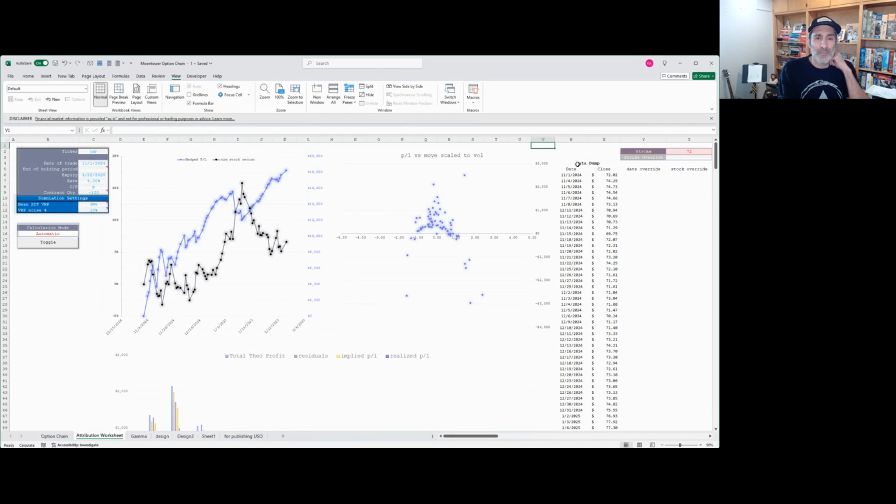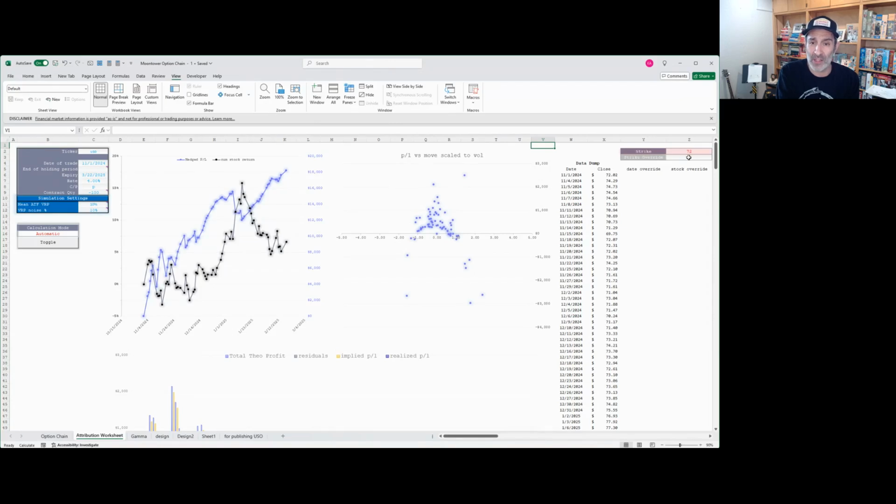Okay, so this is saying let's look at the 72 strike, and we're going to pretend that I'm selling. Contract quantity is minus 100. I'm going to sell 100 puts at the 72 strike.